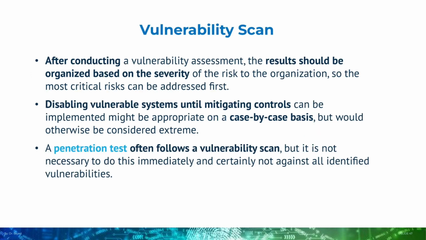After a vulnerability scan, you must prioritize results based on the severity of the risk. You address the most critical risks first. A penetration test often follows a scan, but you don't need to pen test every single vulnerability, just the high-priority ones to confirm the impact.